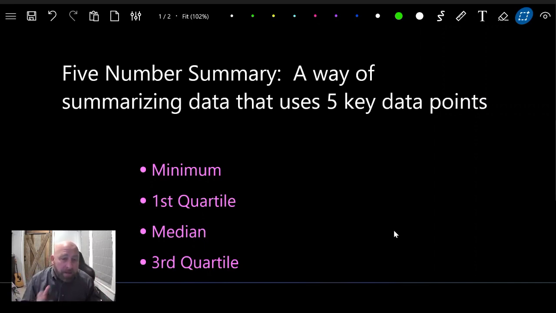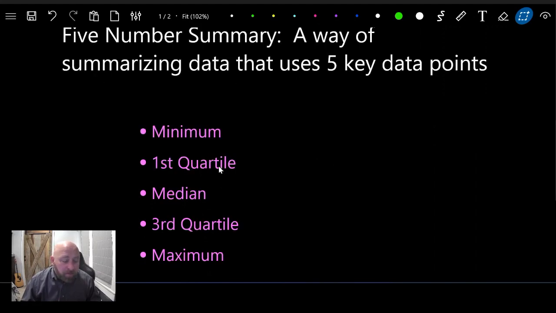There are different ways that you can receive data, but once we receive that data, in the 5-number summary we want to summarize it 5 different ways. So we're using 5 different what's called key data points. We have the minimum, the first quartile, the median, the third quartile, and the maximum.